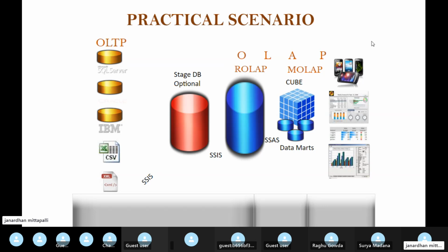But anyway, it will not take much time, since we do very small transactions. And we'll see some differentiations between OLAP and OLTP one by one.